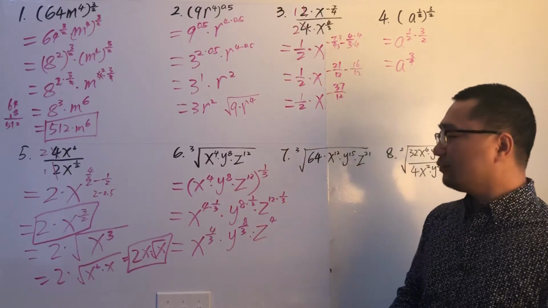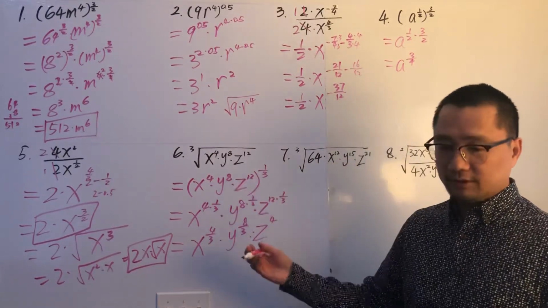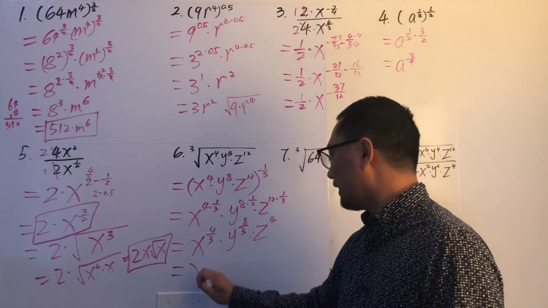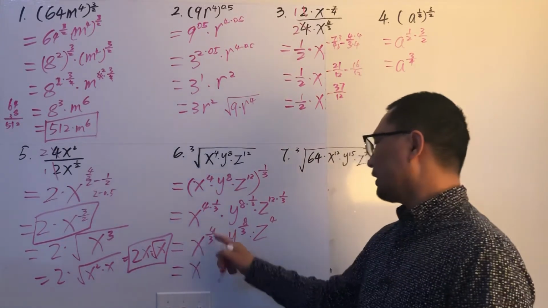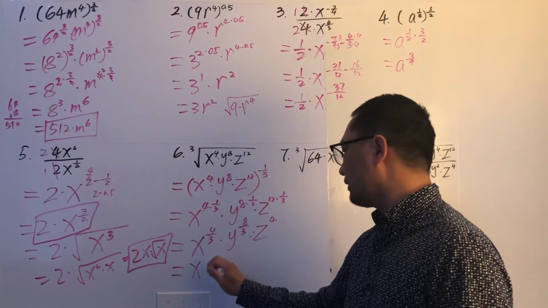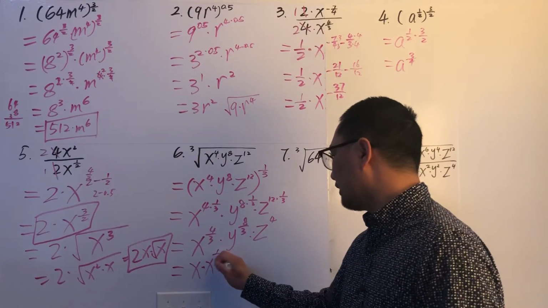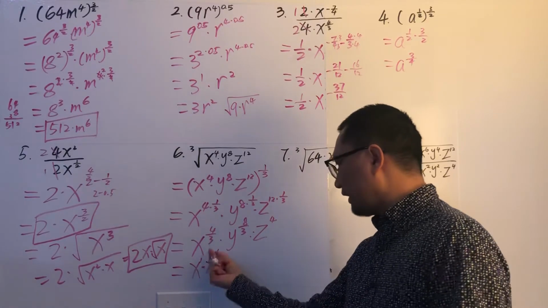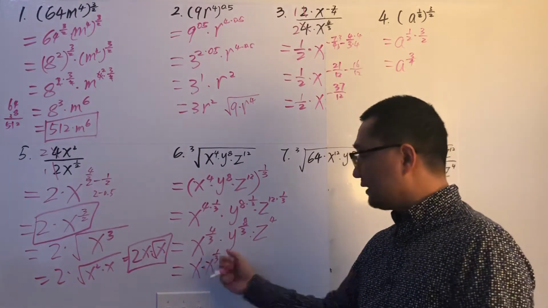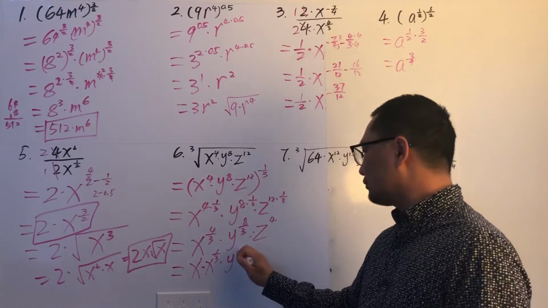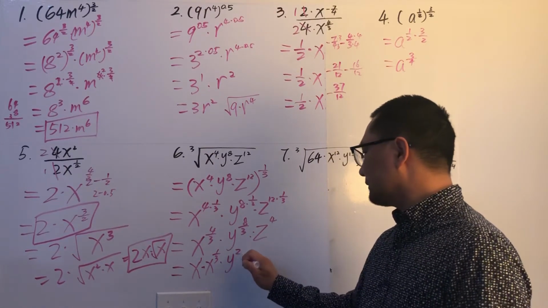And if you want to go deeper, it's fine, because you can rewrite to x. That means 4 over 3, that means x times x to the 1/3. Because this is 1, right? Add together is 4 over 3, correct? And then you know this y is times y squared, right?